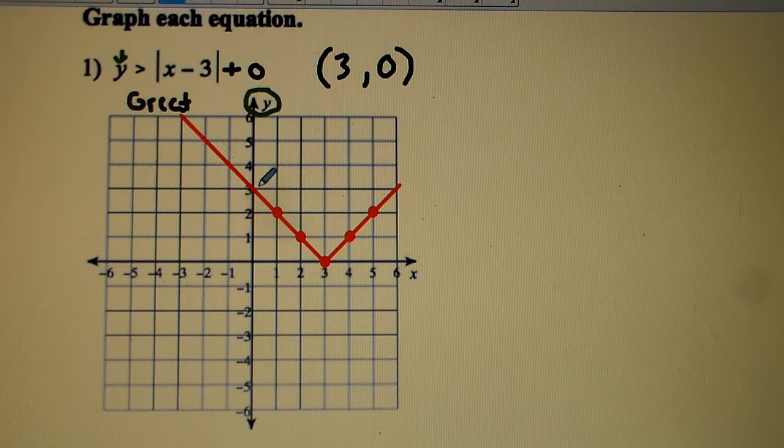If we look at our y-intercept, it's at 3. Where are the numbers that are greater than 3? Well, that would be 4, 5, 6. So I'm shading above. Those are numbers that are greater than. So on that side of the absolute value wall is where I have to shade.